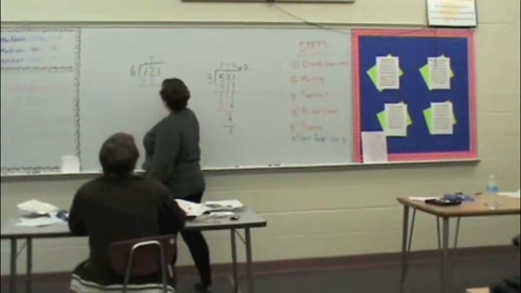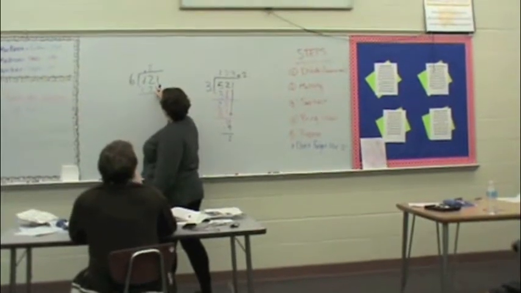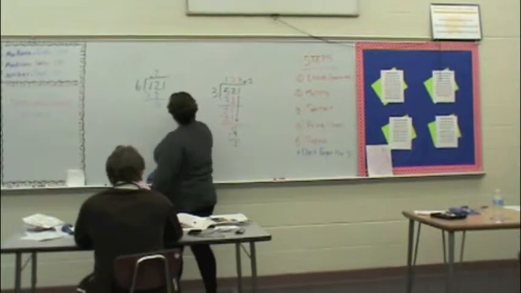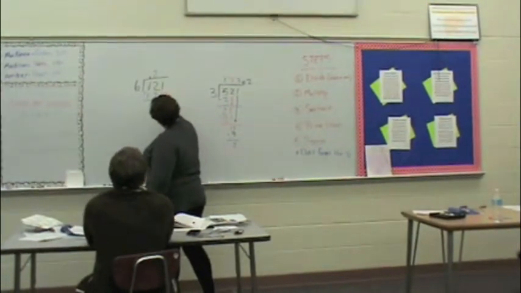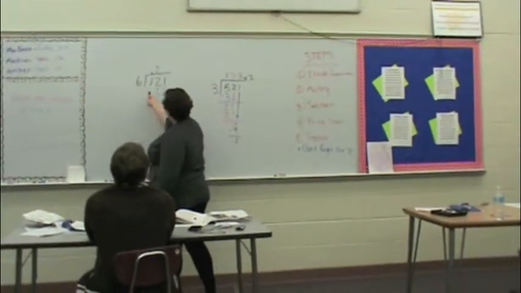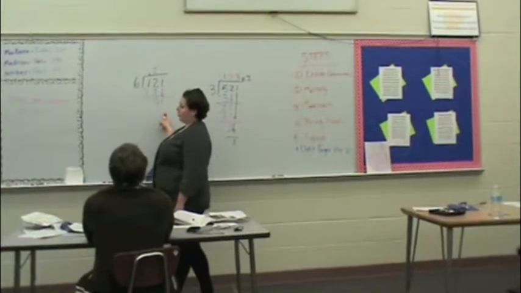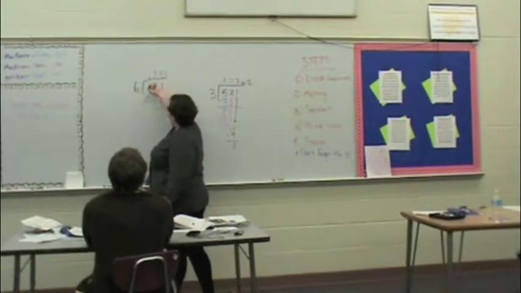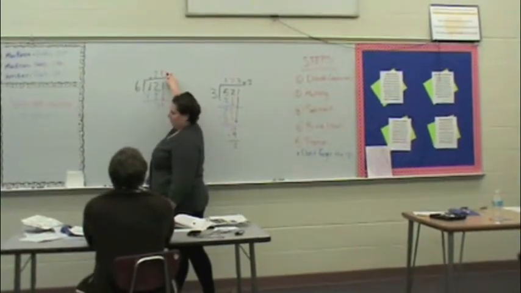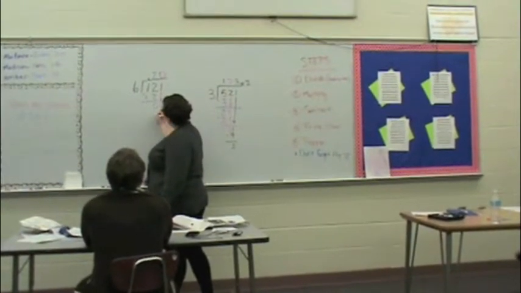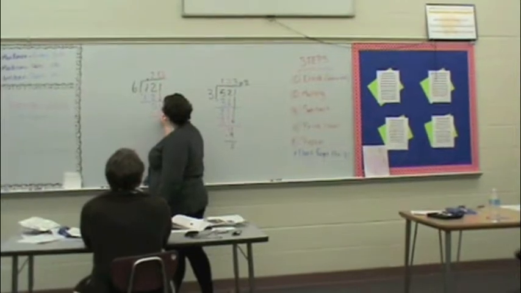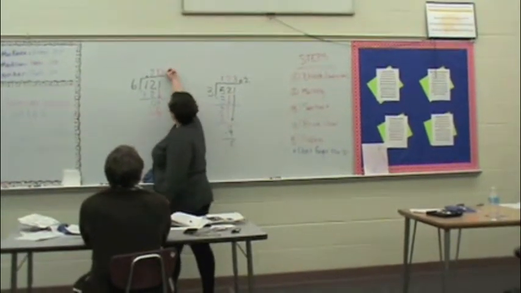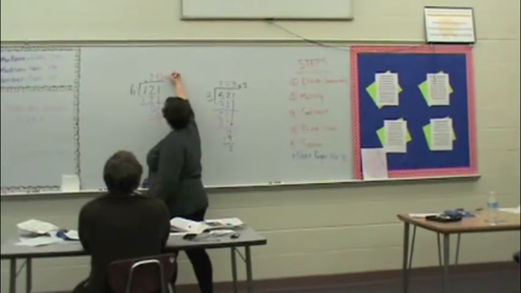I have to subtract. 12 minus 12 is 0. And I have to bring down my 1. Does 6 go into 1? 6 times 1 is 6, so nope. I'm gonna put my 0 up there. 6 times 0 is 0. Subtract, and I have a remainder because I have nothing left to bring down. So I have 20, remainder 1.